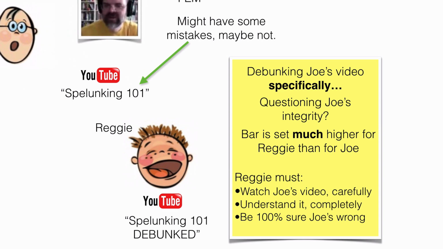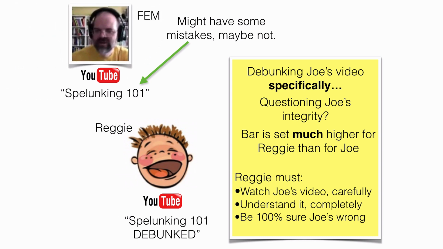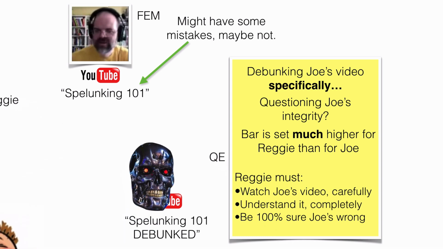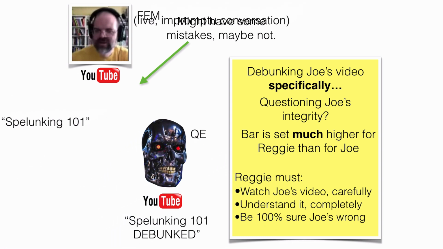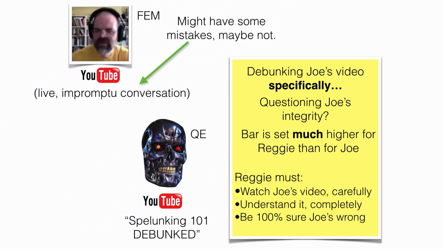Okay? Now, let's take a look at our situation. We've got Flat Earth Math, we've got Quantum Eraser, and Flat Earth Math was in a live impromptu conversation. I did not know the topics that would be covered, by the way. And Quantum Eraser had a prepared list of his multicolored documents. So he was prepared. I was speaking impromptu.